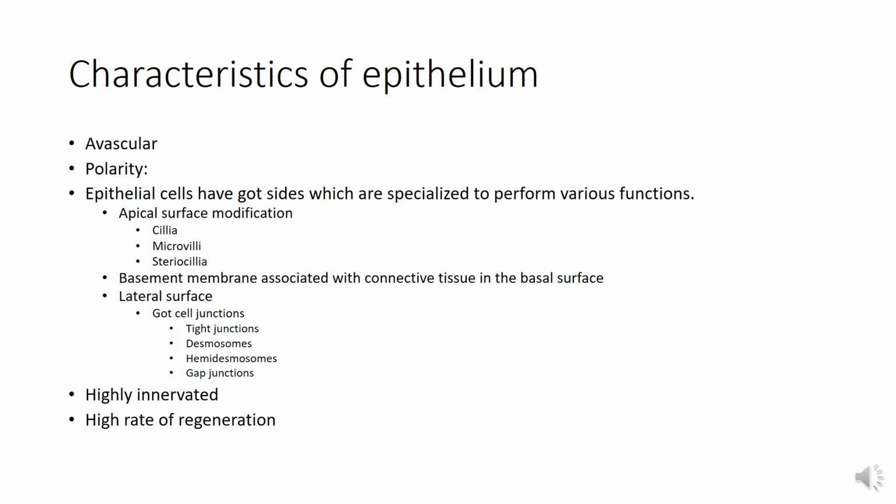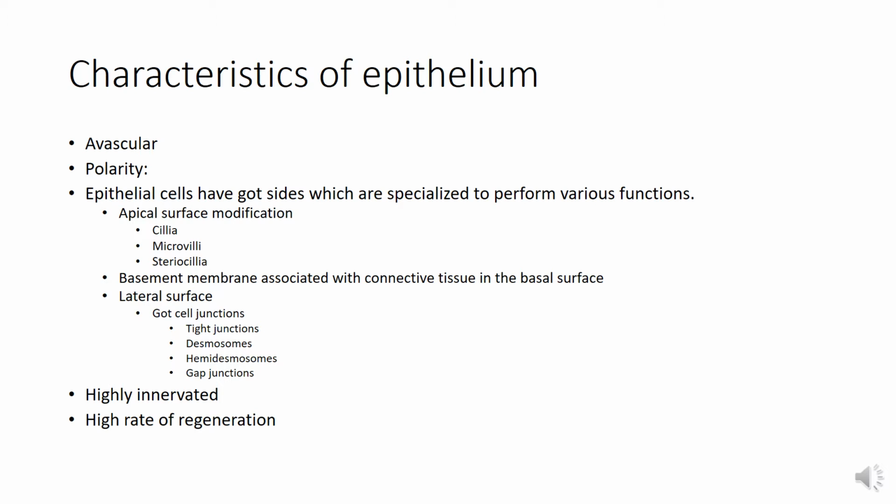Now the epithelial cells have got apical surface, and this surface usually shows modification which consists of cilia or microvilli or stereocilia. Now the basal surface is associated with the basement membrane, and beneath this basement membrane lies the connective tissue.